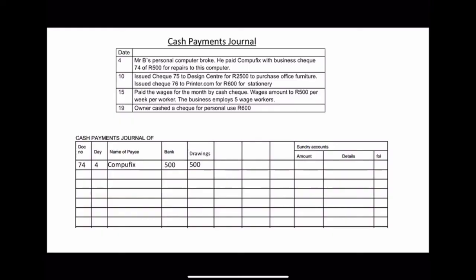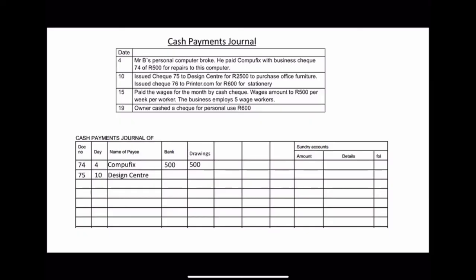Okay, the next transaction is issued check 75 to Design Center for 2,500 Rand to purchase office furniture. So once again, the first thing we put in is our check number and our date, which is the 10th, and it's 75. And the name of the payee is Design Center, because this is who the check is made out to.